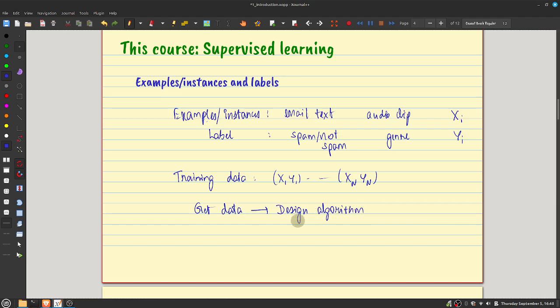So from this data, you have to design an algorithm which will predict whether a given piece of text is spam or not spam, or find what is the genre of a new audio clip.